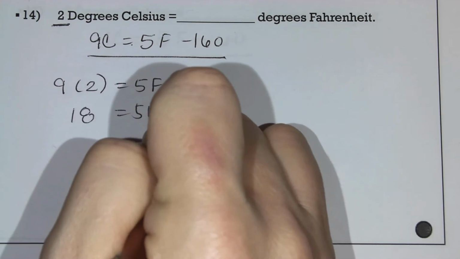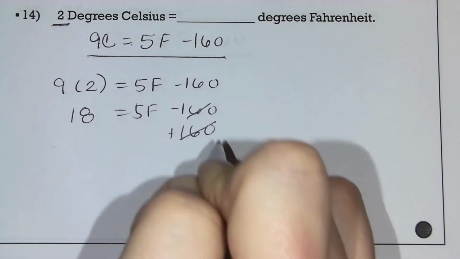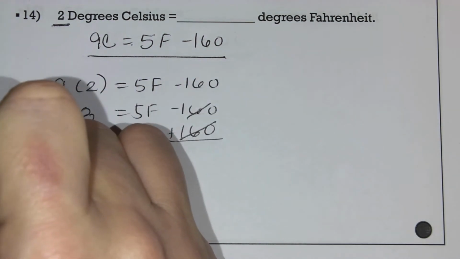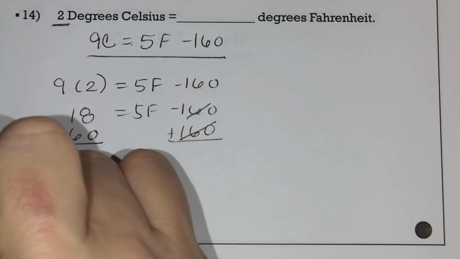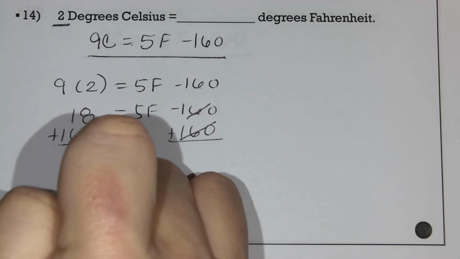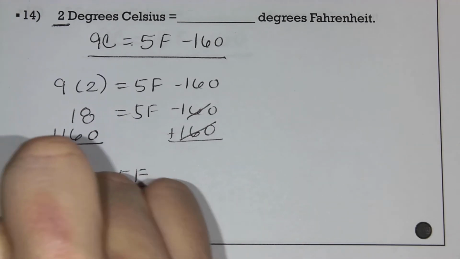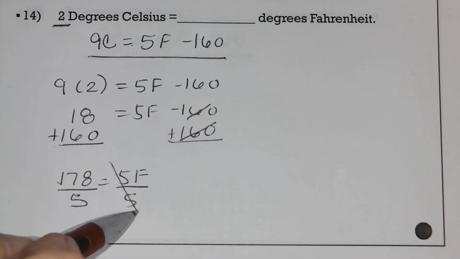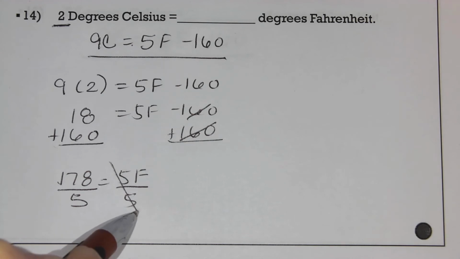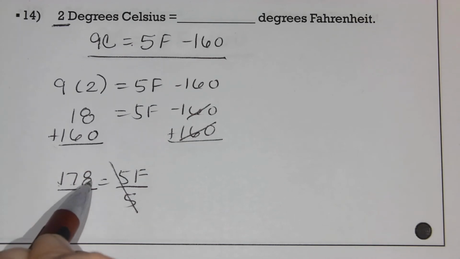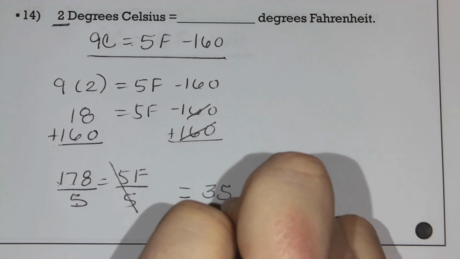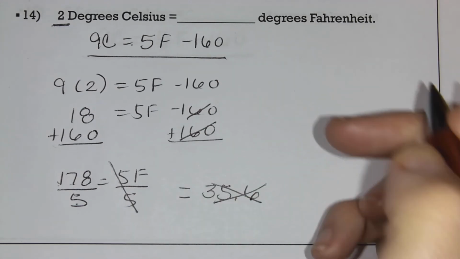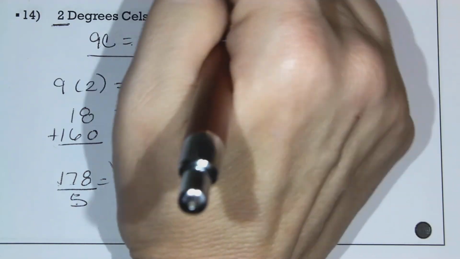Okay, so 160 is going to be added to each side, so it marks those out. 160 plus 18 is going to be 178. And you divide each side by 5, so it marks out these two 5s, and leaves just F for Fahrenheit. Then 178 divided by 5 would be 35.6. Okay, and then that's going to round up to 36 degrees.